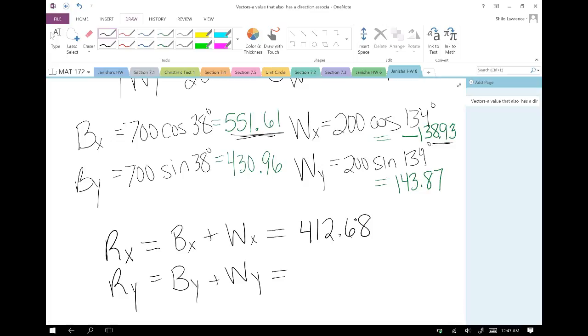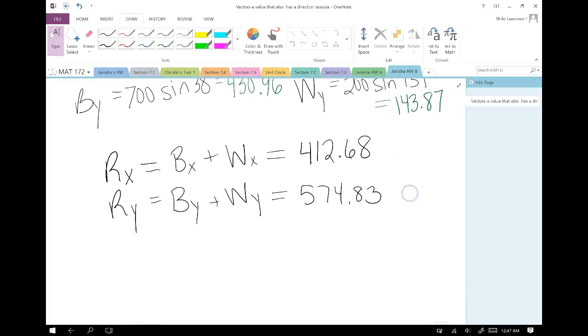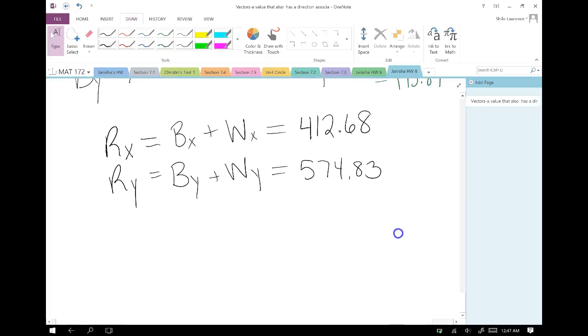And then same thing for your y's. 430.96 plus 143.87, and I got 574.83. They are both positive, which means we're working with a quadrant 1 angle, so that's good. We don't have to worry about moving anything on our own. They do want this given back as a magnitude and a direction.